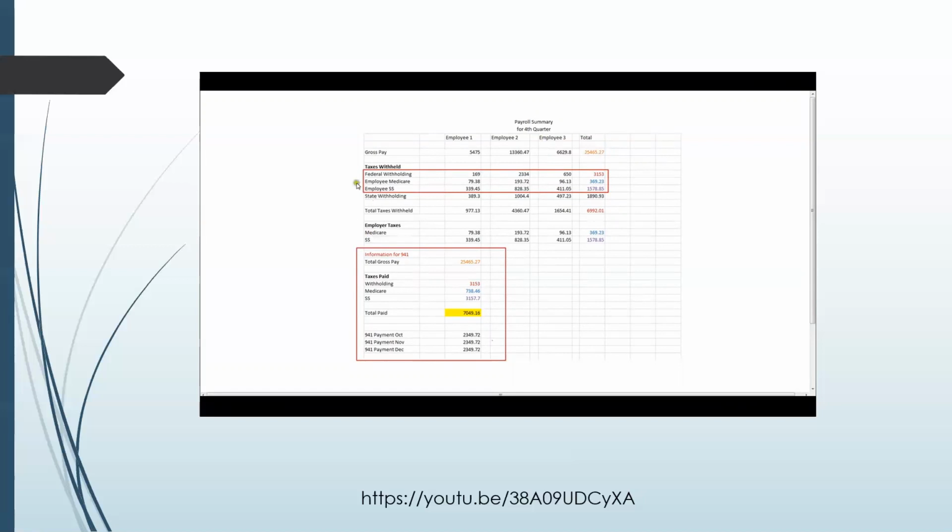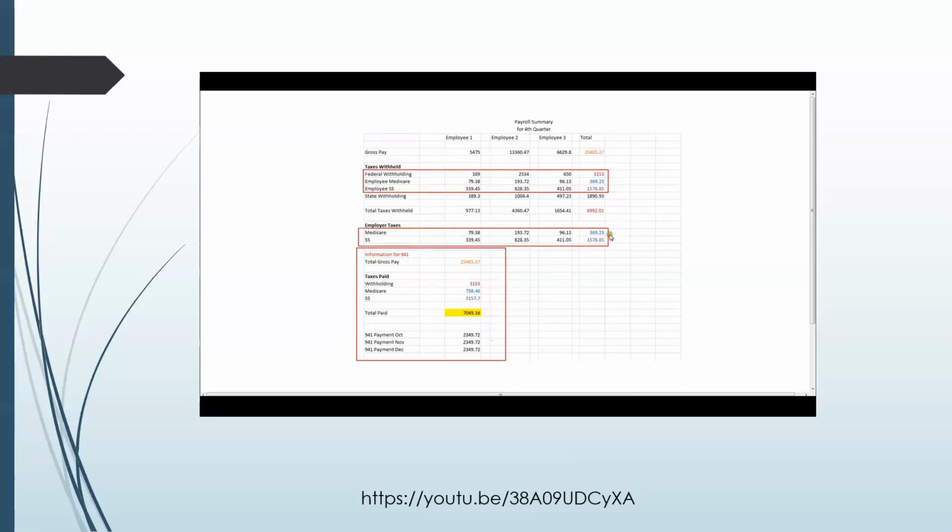Now, along with withholding and paying taxes for your employee, you also must pay an employer share of those taxes. So when you made your deposits, you would have multiplied the Medicare portion by 2 and the Social Security portion by 2, because the employee is paying half, but you're paying half as well.